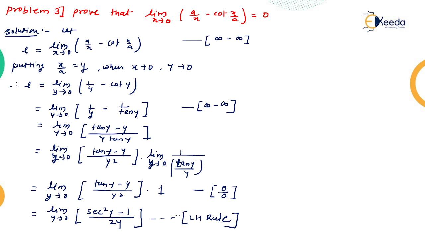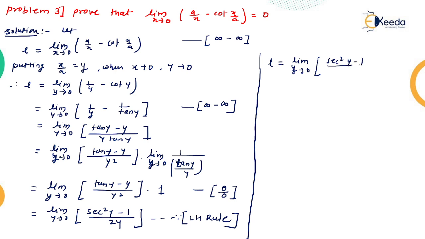I hope you understand this step very well. Now what is next? We have to solve L is equal to limit as y tends to 0 of sec square y minus 1 upon 2y. I am writing here once again, sec square y minus 1 upon 2y.